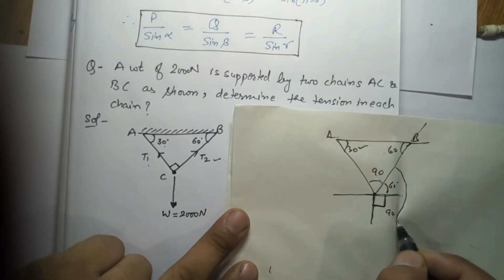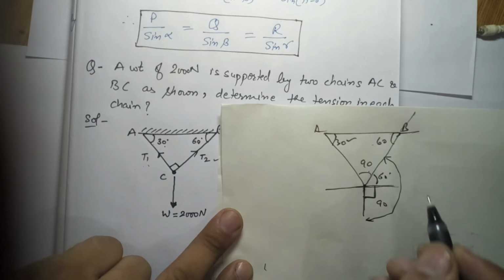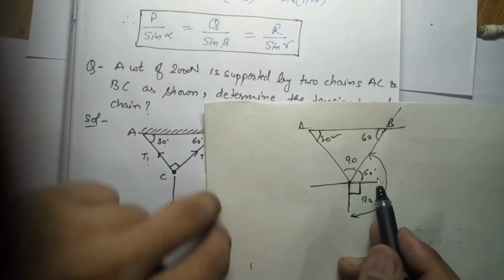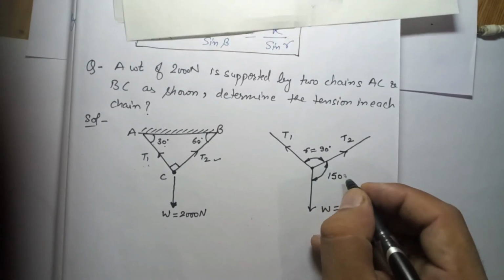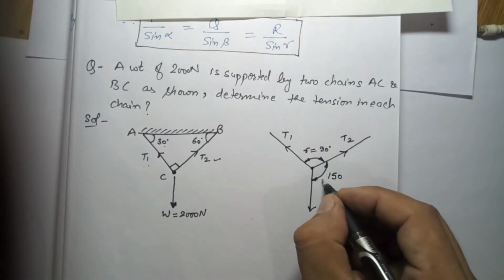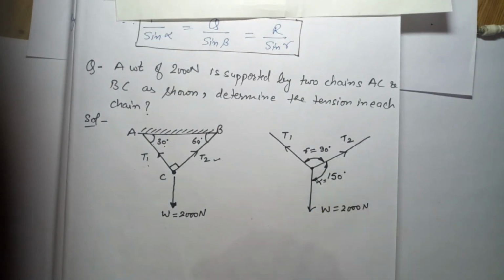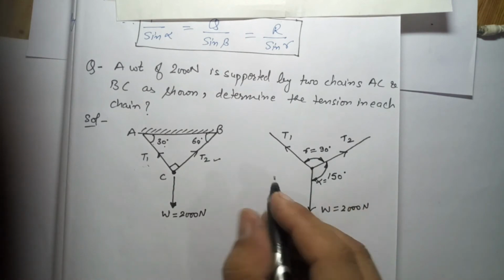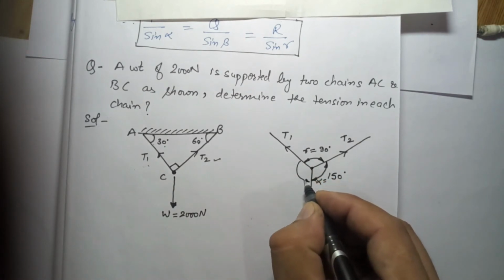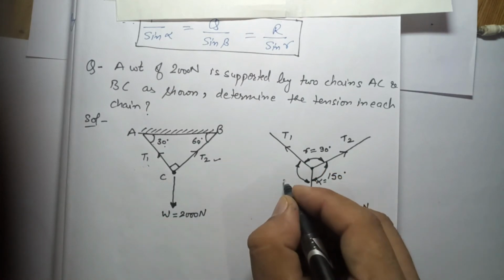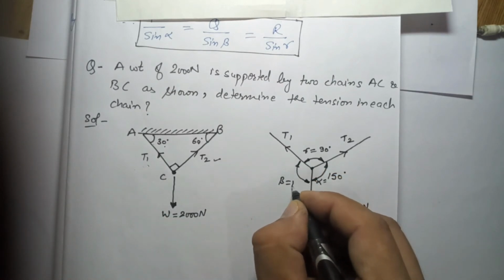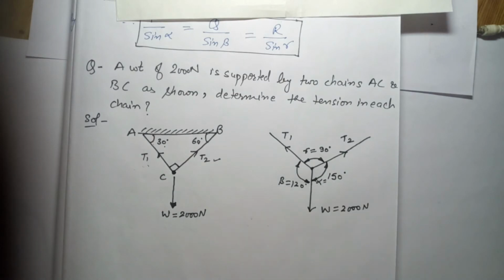So what will be this angle? This will be 90 plus 60, 150. We can take alpha as 150°. In the same way we calculate this angle, and it will be 30 plus 90, that is beta equal to 120. Got this point?